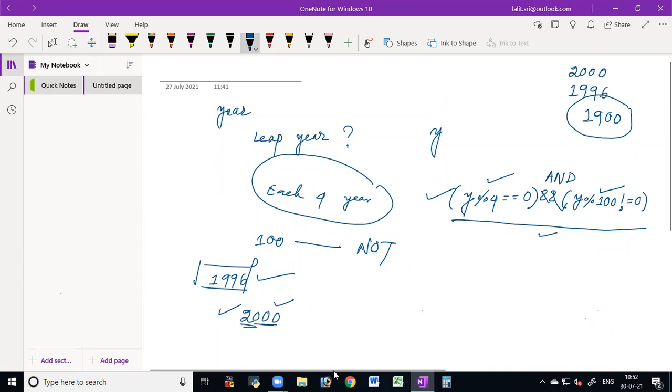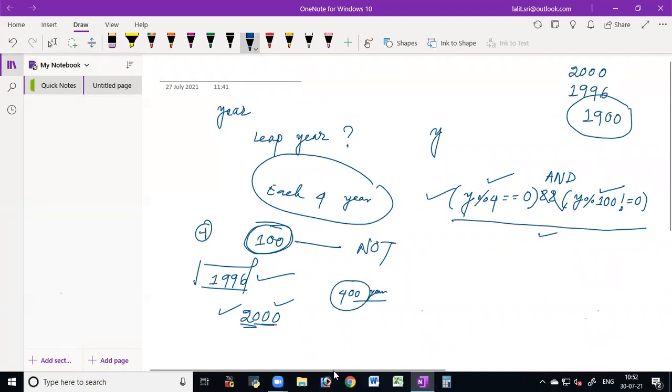That means in each 100 years, whether it is divisible by 4 or not, it will not be a leap year because it is divisible by 100.